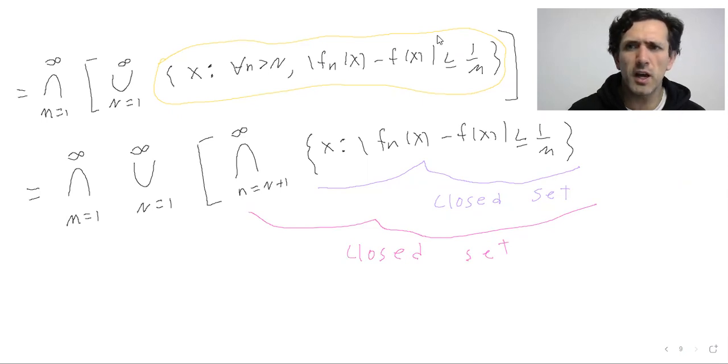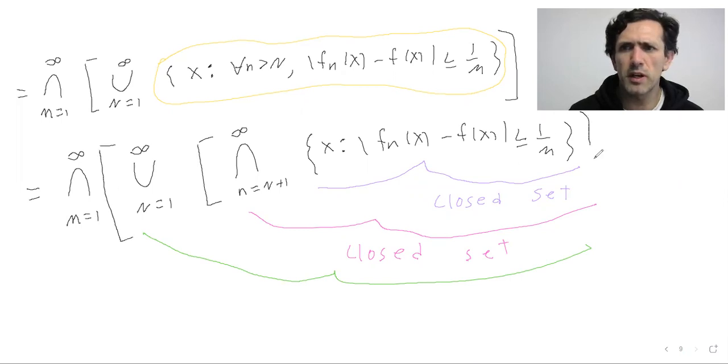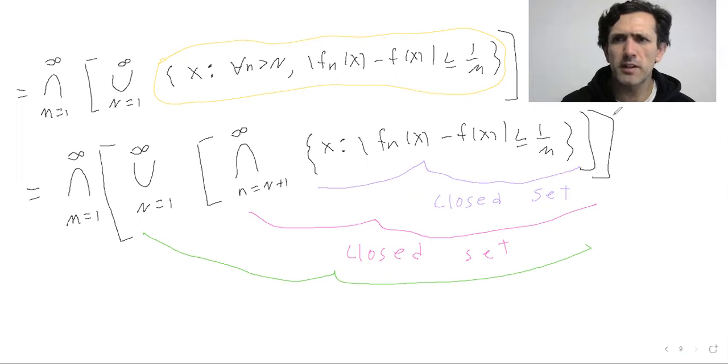I'll use green here. So we're almost done. I guess I'll put another bracket just to make sure what we're doing is absolutely clear. I forgot the other bracket. Sorry about that. That's kind of why brackets are a pain, because you sometimes forget them.